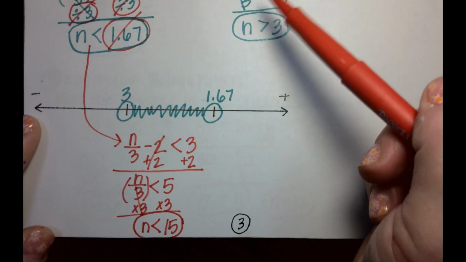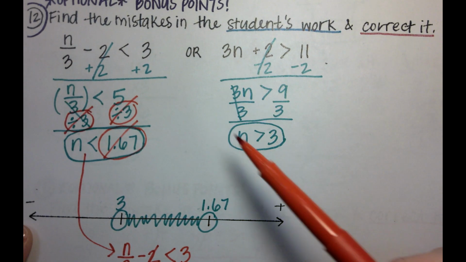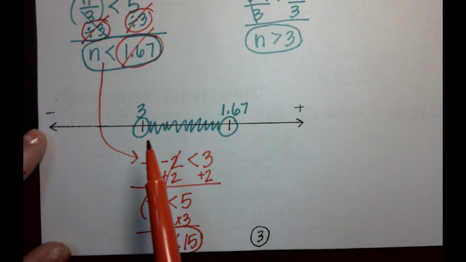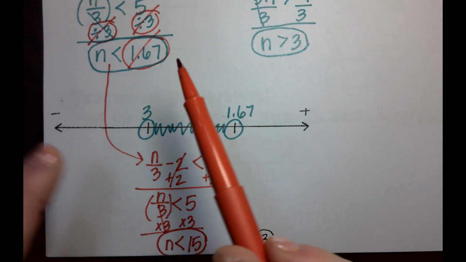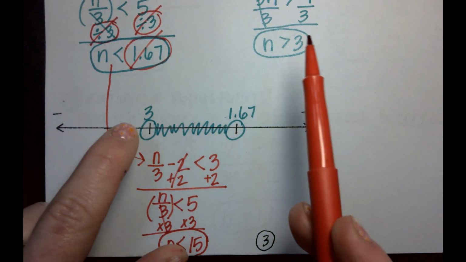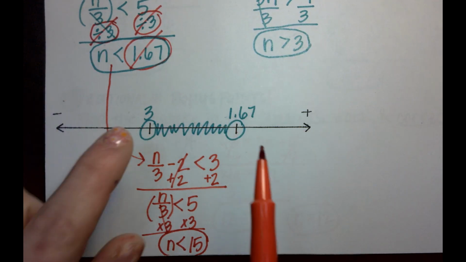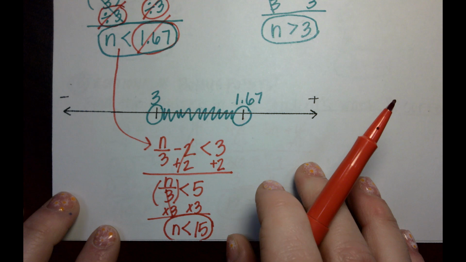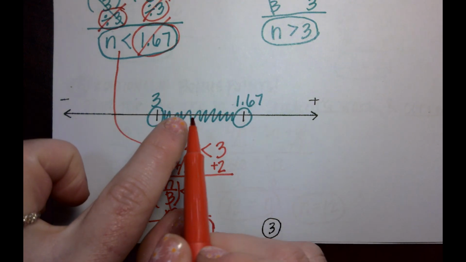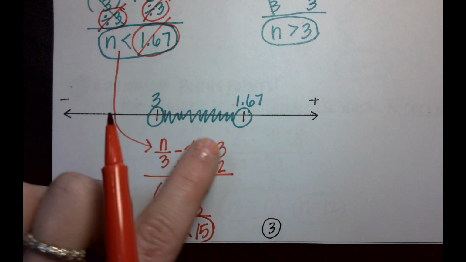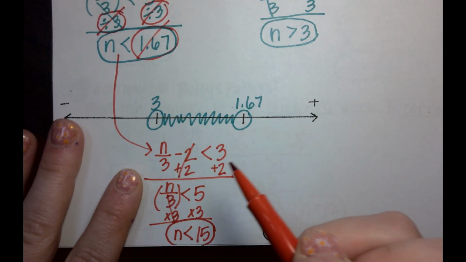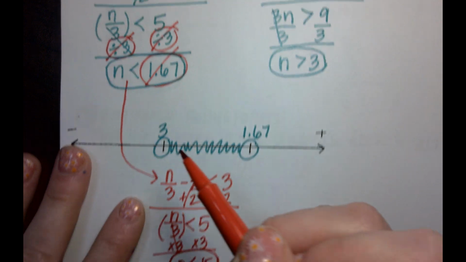Now, let's check the other one. Did they do this one correctly? Yeah. They did? Okay, good. So, let's look at their answer. First of all, whenever they got 1.67 and they got 3, what did they do incorrectly with the graph? They got their numbers backwards. 1.67 is smaller than 3, so that one should have come first.